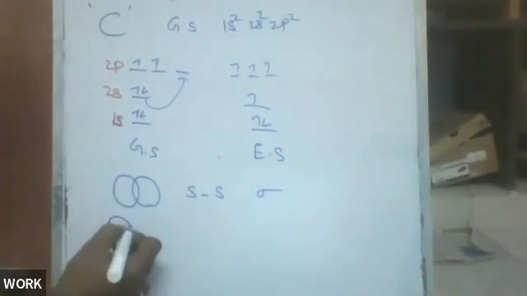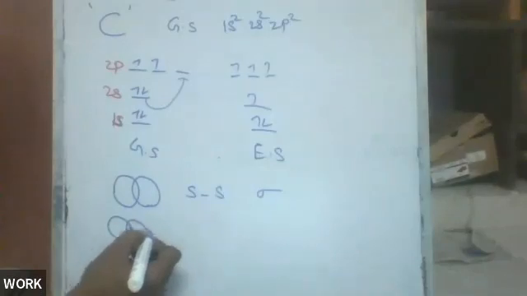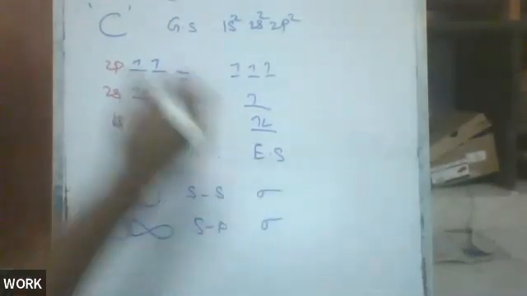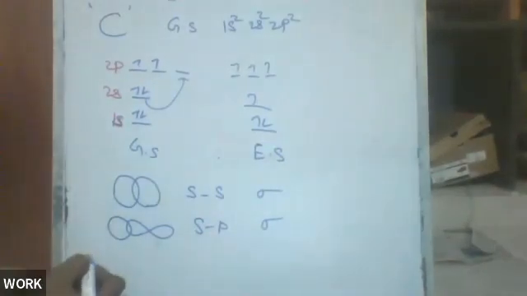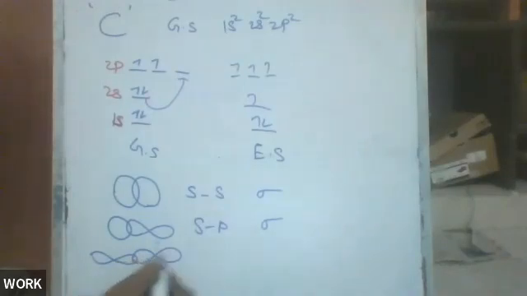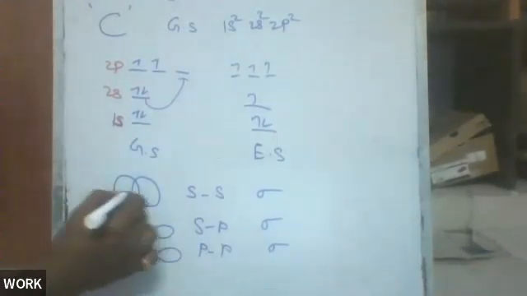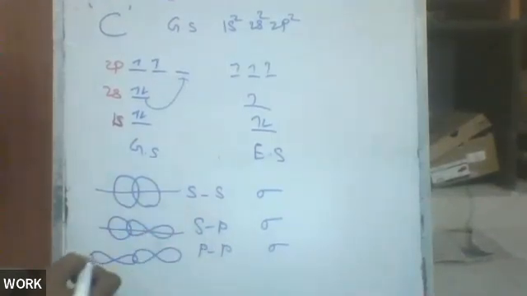Suppose one s orbital and one p orbital overlap, it gives an s-p overlap, which also gives a sigma bond. And one p orbital with another p orbital in the same direction, if it is overlapping, will give another sigma bond. All of these take place along the bond axis, and overlapping along the bond axis always leads to a sigma bond.